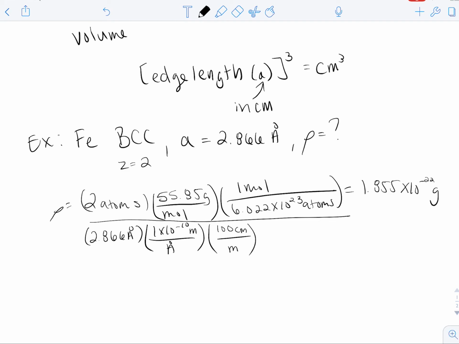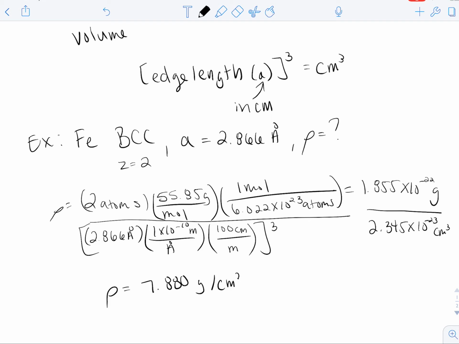So that'll get us from angstroms into centimeters. We're going to take that whole thing and cube it, which gives us 2.345 times 10 to the negative 23rd centimeters cubed. And then when we divide our grams by our centimeters cubed, we get a density of 7.880 grams per centimeter cubed, which is a reasonable solid density.